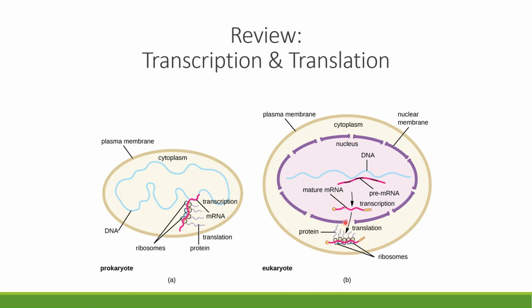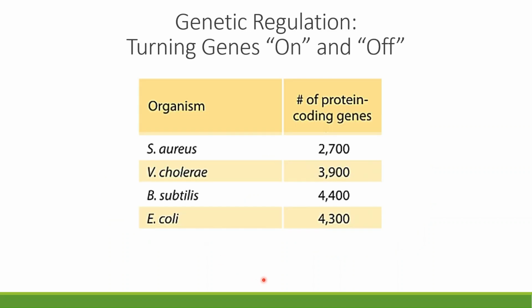And after it leaves the nucleus, then it can start interacting with the ribosomes. The ribosomes can look at that mRNA and start generating the proteins from it that are encoded there. And that's not the case with the prokaryote. There is no need to wait until it leaves the nucleus. It can start building right away those proteins through the process of translation.